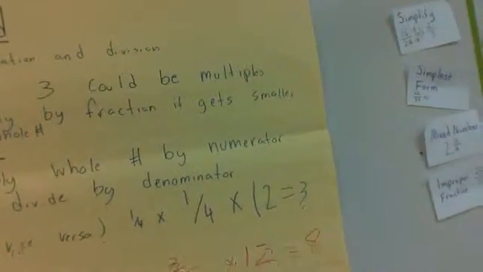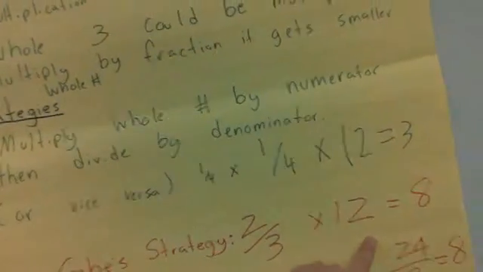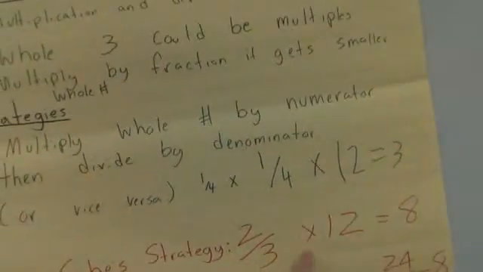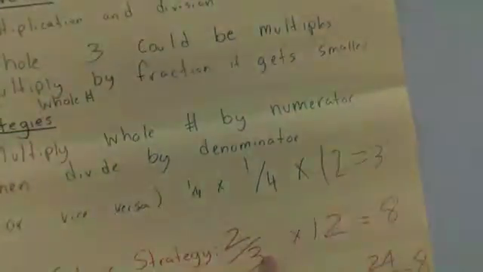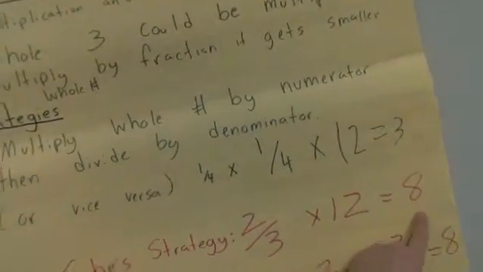We kind of saw it here too. This was a little bit less clear how we got from 2/3 and 12 to 8, but by the end of this lesson, this will make sense.